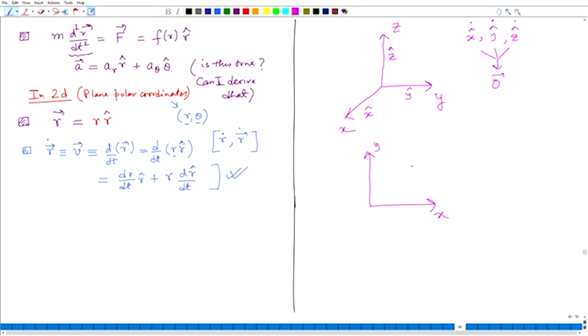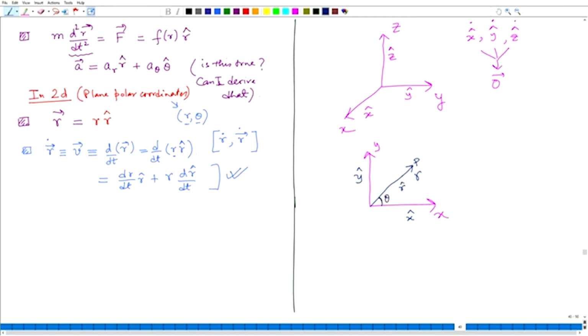So, this will be this r vector for P. This is y cap, this is x cap, they are the Cartesian unit vectors, and now for this one the r unit vector is along this direction and the theta unit vector is the direction in which theta is changing.